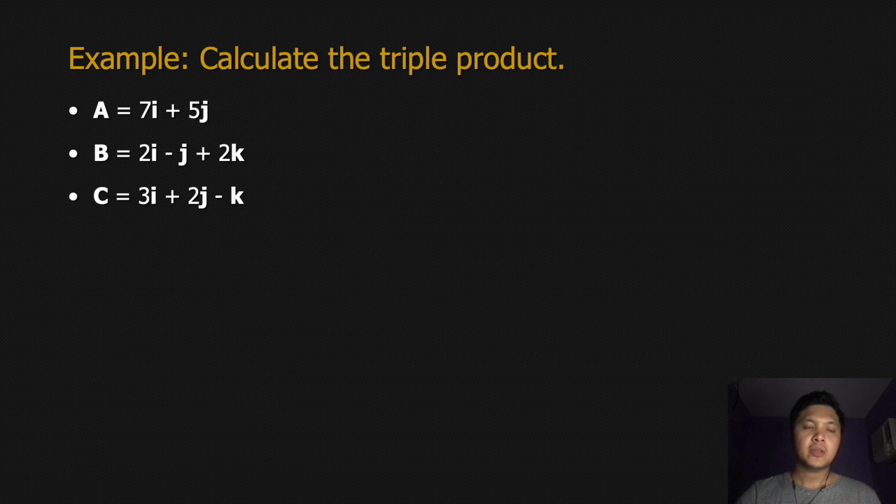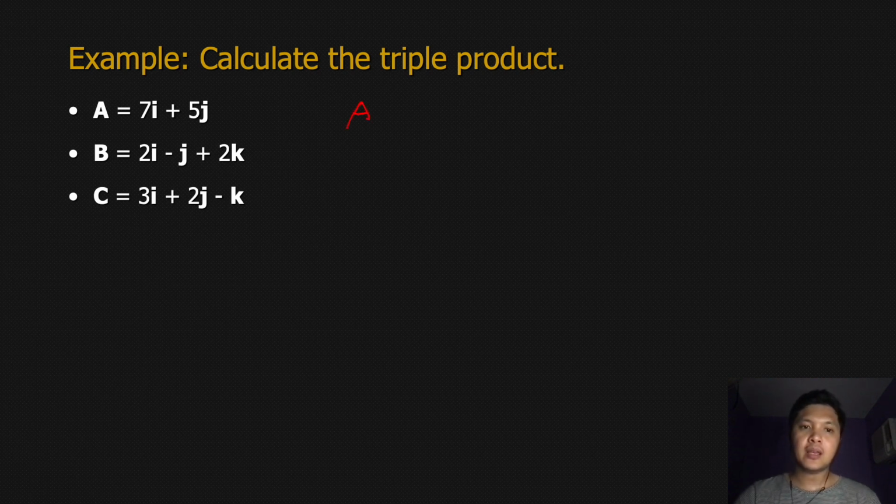So for example, we are asked to calculate the triple product where A is equal to 7i plus 5j, B is 2i minus j plus 2k, and C is 3i plus 2j minus k.